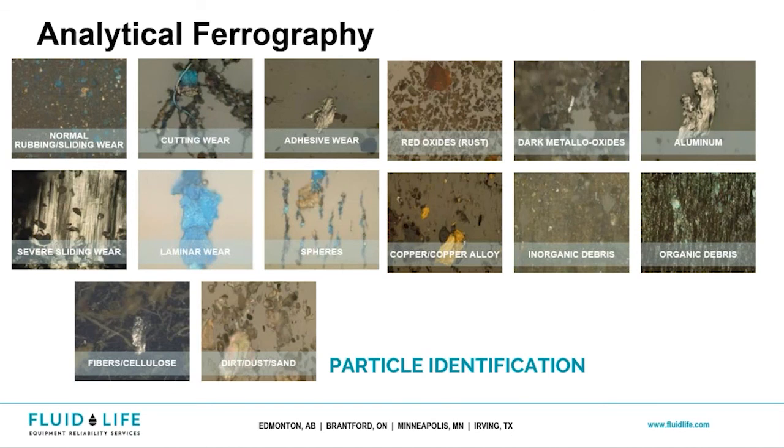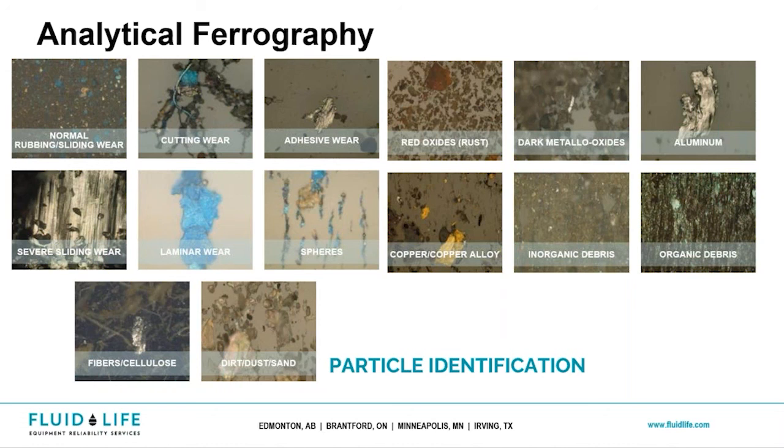So analytical ferrography is essentially our forensic science analysis of wear particles. So you're looking at contaminants and lubrication degradation as well. And by interpreting the debris on a ferrography slide, you're going to see the color, the morphology, the size, the surface detail of ferrous and non-ferrous wear particles.